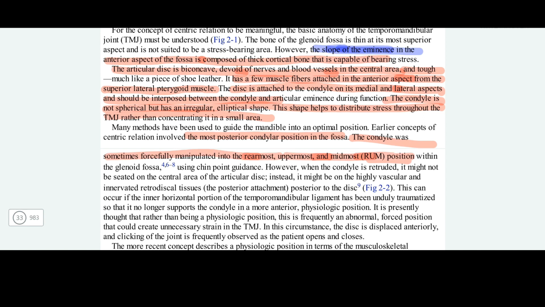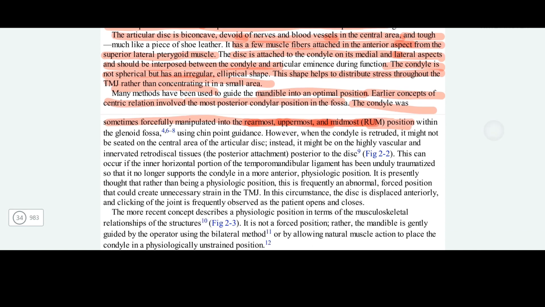That means that many methods have been used to guide the mandible into the optimal position. Earlier concepts of centric relation involved the most posterior condyle position in the fossa, the rearmost, uppermost and midmost RUM position within the glenoid fossa, using chin point guidance.